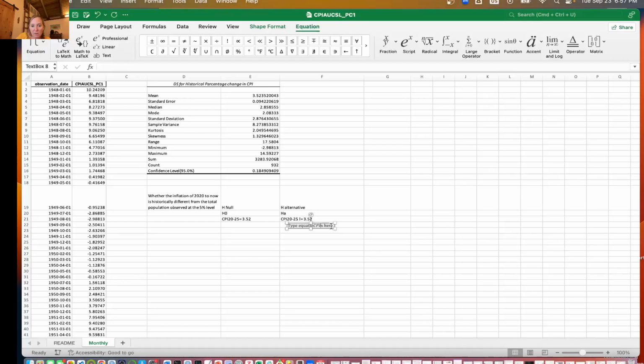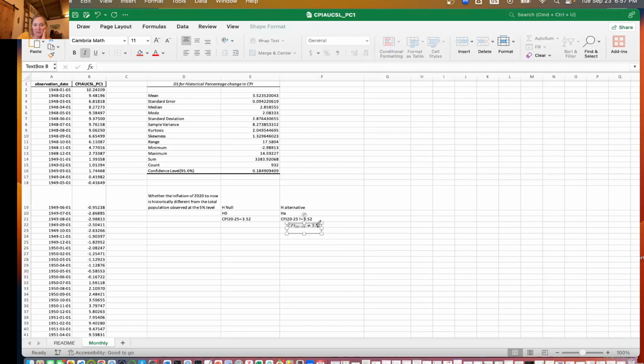If anyone's familiar with LaTeX, you can use LaTeX code to write out equations with indexes and everything. And here we have the CPI 2020-25, and we can use this does-not-equal sign and write 3.52. So this is a fancy way to do the same exact thing as the other code. Right? So we have equal, not equal. You could have written it out this way too. This is just the mathematical way of writing it out.